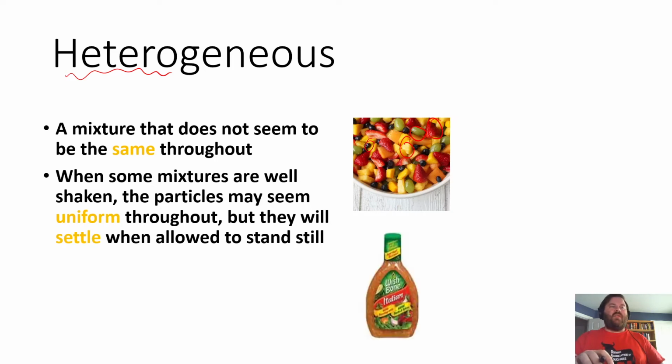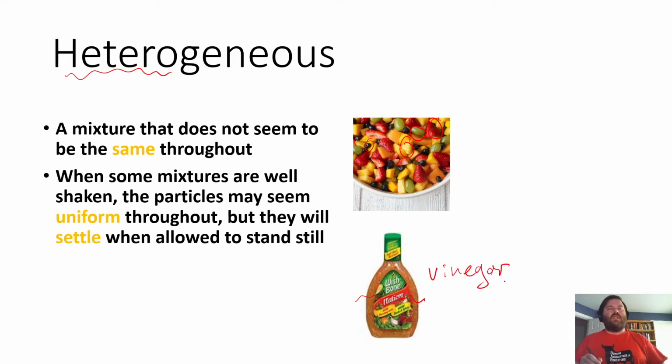Some examples, such as this salad dressing here, if you shake it up and emulsify it, like you often do before using salad dressing, it'll mix up and seem uniform and therefore homogeneous, but if you leave it sitting on the counter for a long time, it'll separate out into layers.